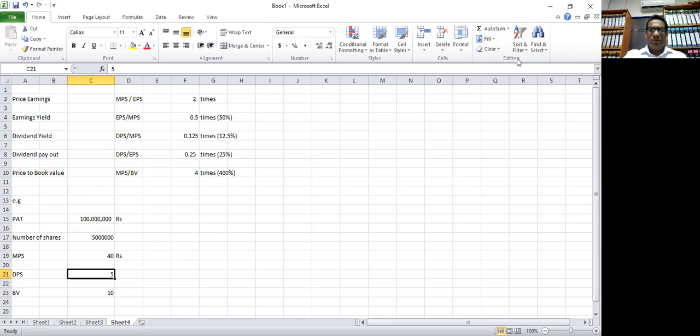Net interest is gross interest adjusted for tax. Interest has a tax saving benefit. A company might pay interest, but on that interest the company can save tax. So when you take the interest cost of a company, you have to take the net interest.